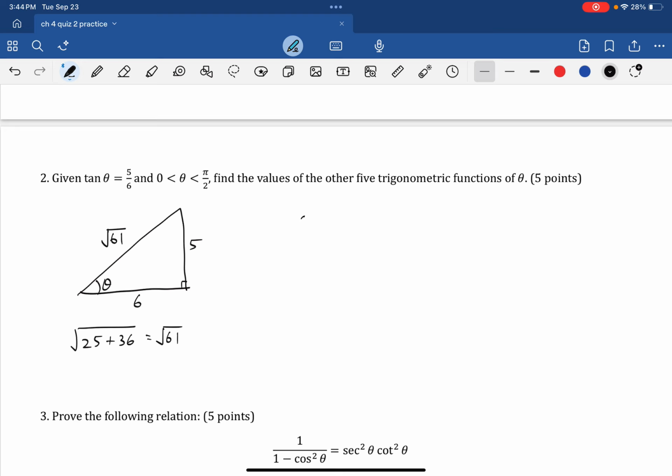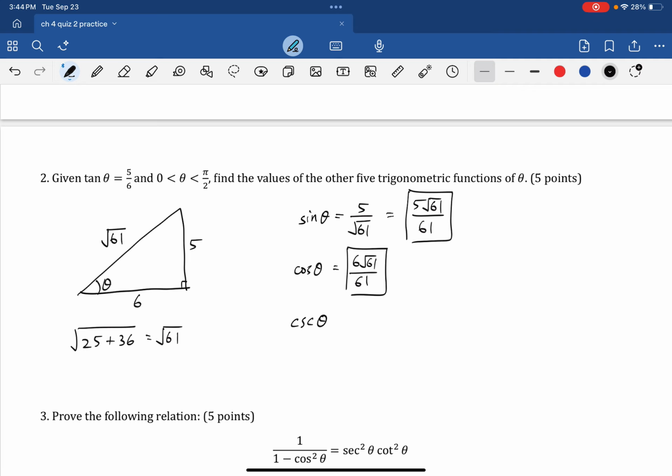So now we can quickly write them. Sine theta is opposite over hypotenuse, so that's 5 over root 61, which you'll need to rationalize as 5 root 61 over 61. Cosine theta, very similar, 6 over root 61, which I rationalize here.